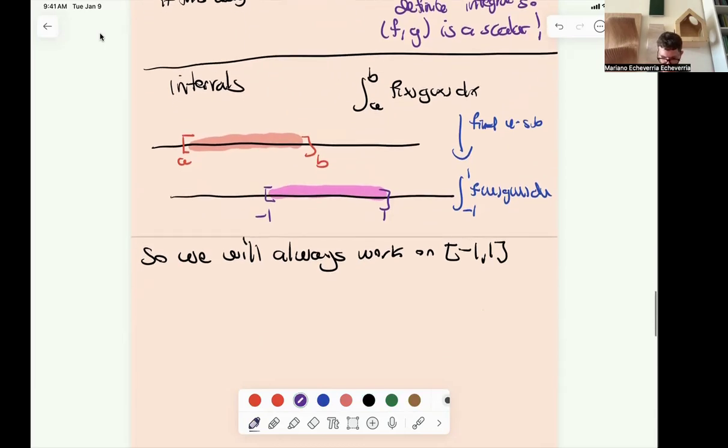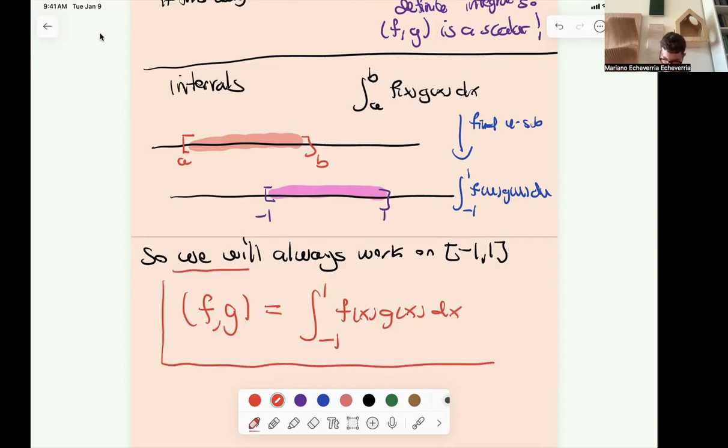So just to give again the formula for the dot product, which is called ⟨f, g⟩, that is just going to be the integral from -1 to 1 of f(x) g(x) dx. It's what people sometimes refer to as a normalization.